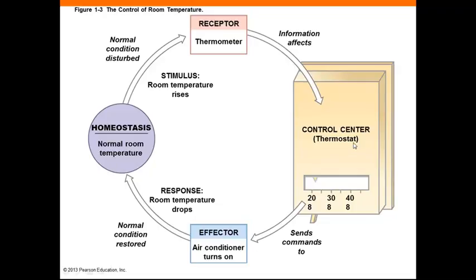So if the room temperature rises above a certain threshold, that control center, your thermostat, will send a command to your air conditioner. And so the air conditioner then is the effector. And the effector's response to lower the room temperature will eventually restore the normal condition, or homeostasis, to a much more acceptable room temperature. And so this is a negative feedback loop example.